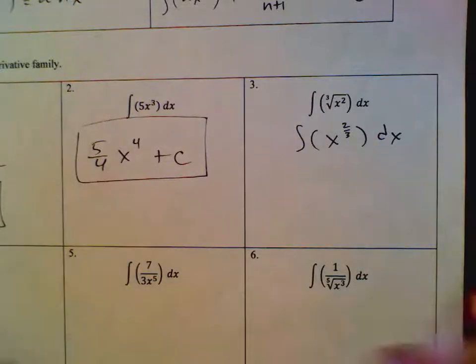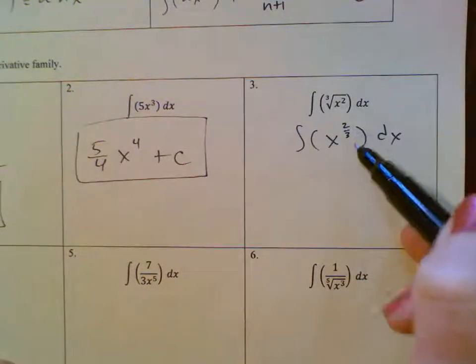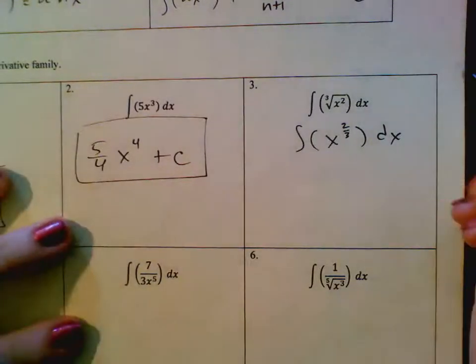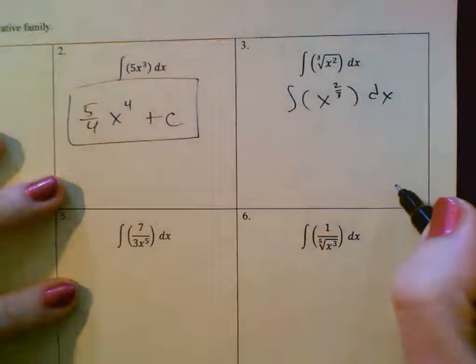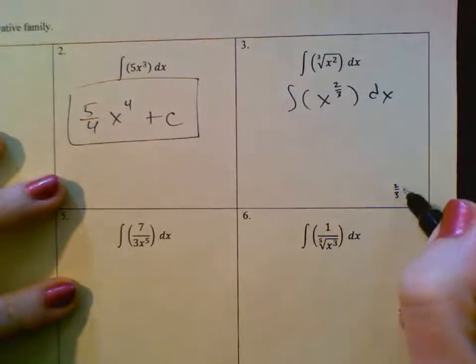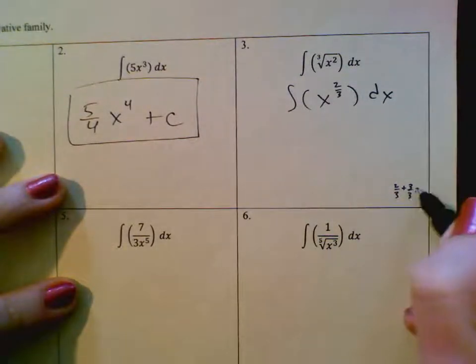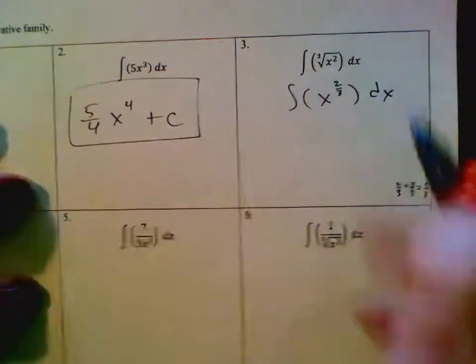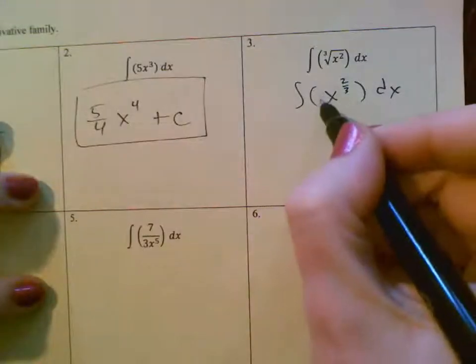And now I'll actually do the antiderivative. So I'm adding 1 to 2/3. So 2/3 plus 1 is 3/3, it's 5/3, okay? So our new exponent is going to be 5/3. The coefficient out here is 1.